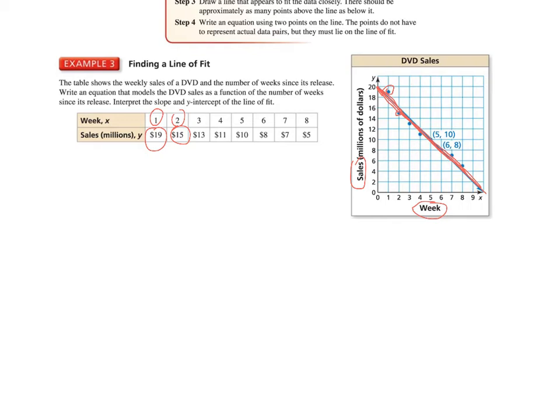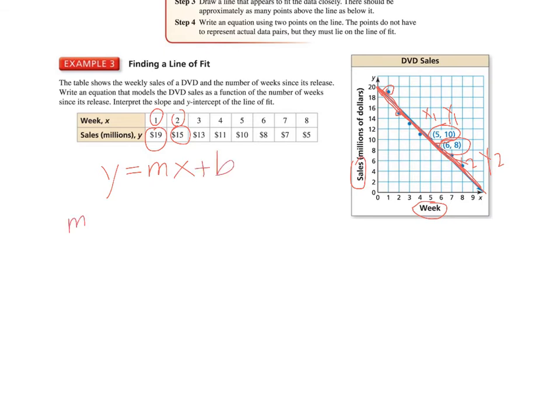How do you do that? You just pick two of the points that the line passes through. In this case, we have (5, 10) and (6, 8). This one will be our x1, y1, and this one will be our x2, y2. I want to come up with an equation to describe that line, so we always use y equals mx plus b.